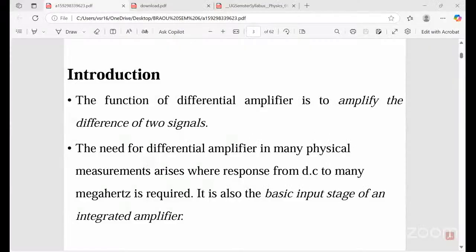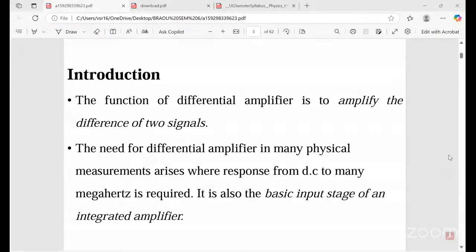In public meetings or public sectors, you have been observing that we are using sound systems.